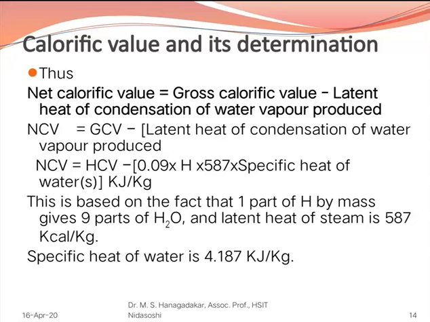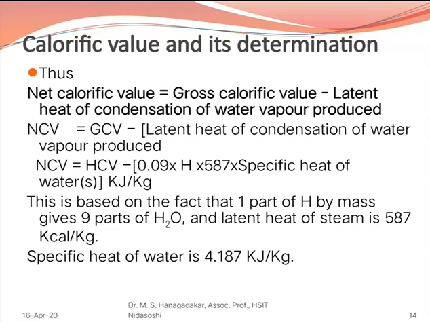This is based on the fact that 1 part of hydrogen by mass gives 9 parts of water, and the latent heat of steam is 587 kilocalorie per kg. You must know what the specific heat of water is.